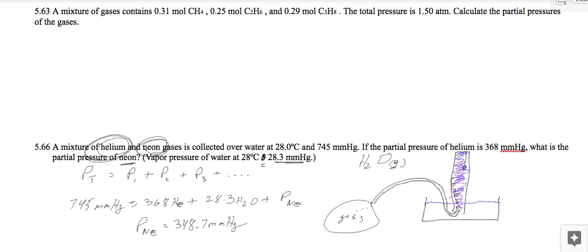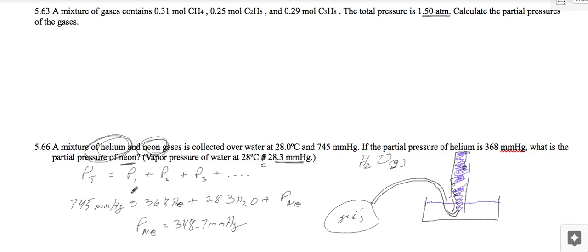Now, number 63 is a little bit different. We're given a total pressure, but we're not given the individual pressures. We're given their moles. And so we could, if we're given like STP or things like that, we could figure out what the pressure is of each of these and do some calculations that way to figure it out and come up with the different parts using the same equation.